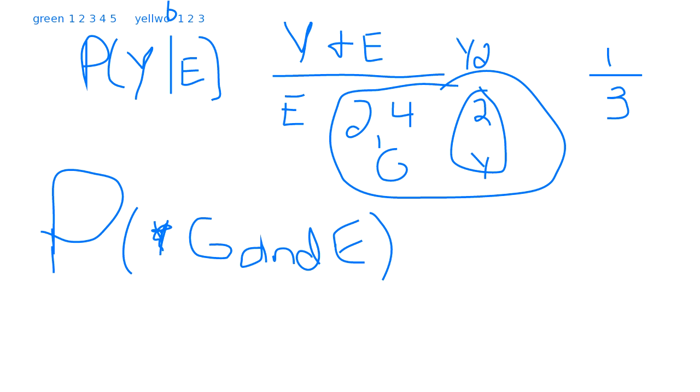Okay, now this is not a given one, so we're only picking one card. What cards are green and even? Well, there's a green 2, and I always list these out, and a green 4. So there's two ways to get a green and even card at the same time. You're only picking one card. Now, this is not multiplication because we're not picking two things.